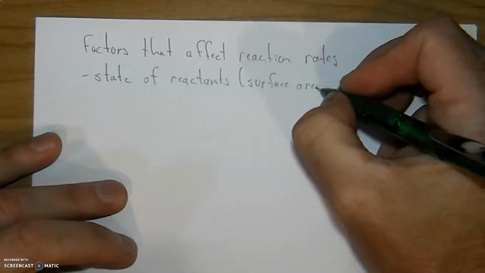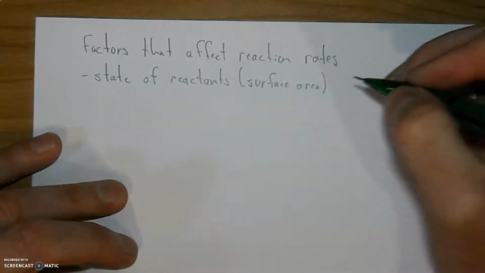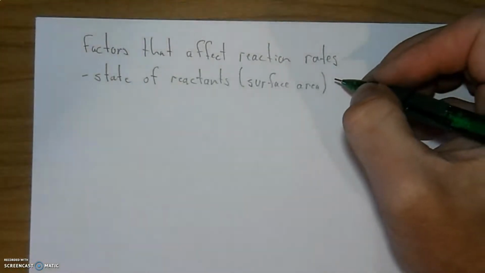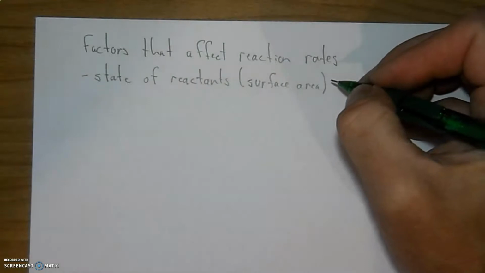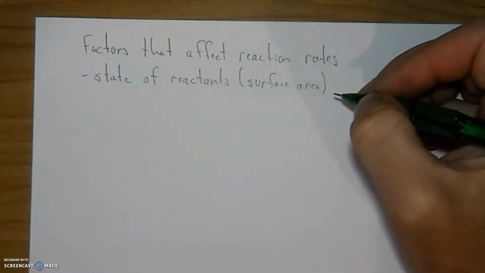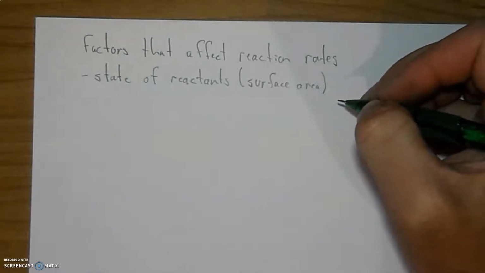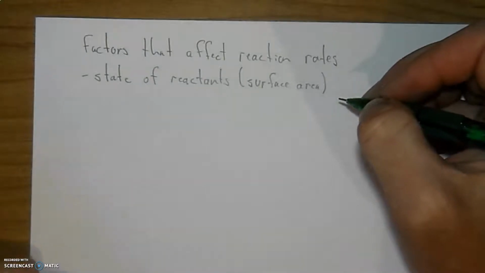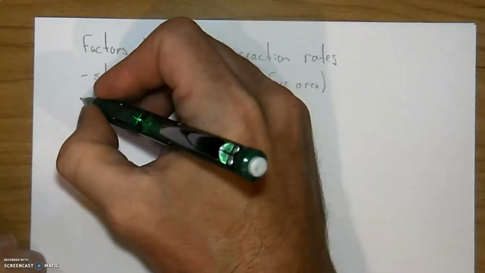So think like a powder has more surface area than like a rock. A rock only has the outside surface. All that interior space isn't exposed for a reaction to take place. But if you break it into a powder, all of that surface area is exposed and able to react. So that's what we're referring to when we say state.